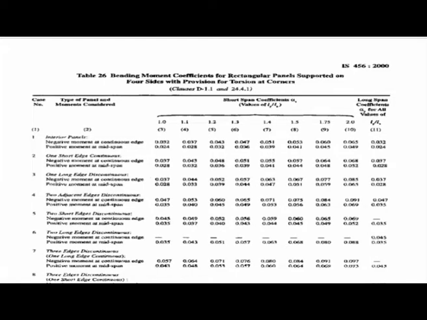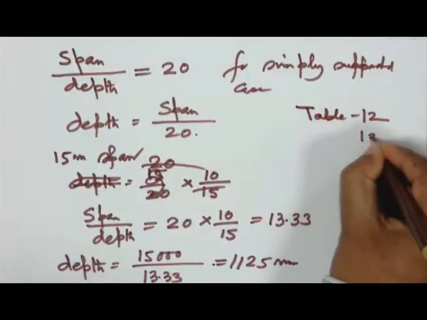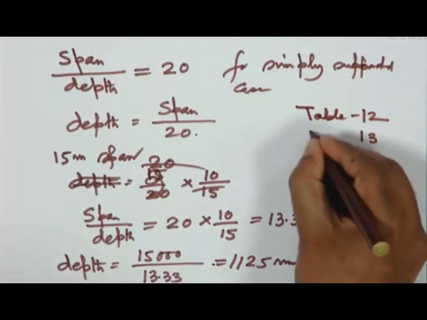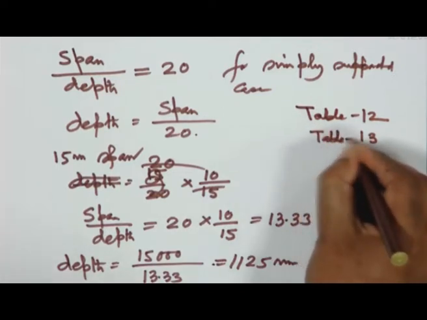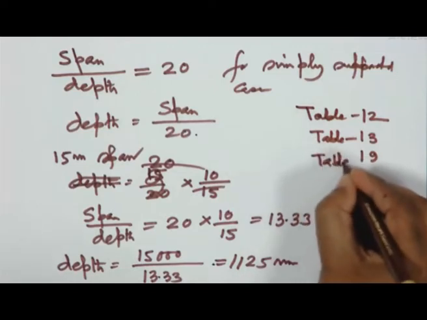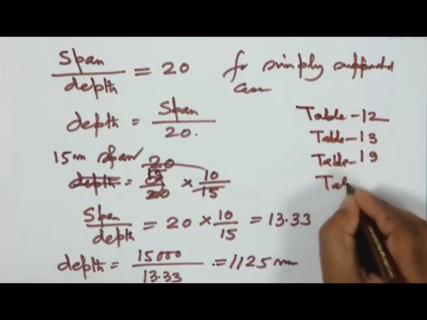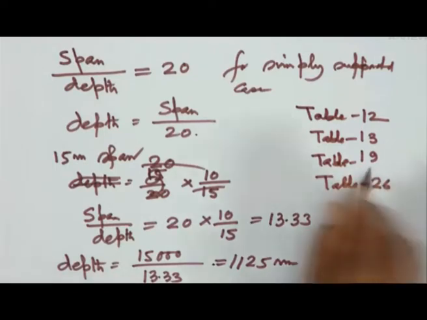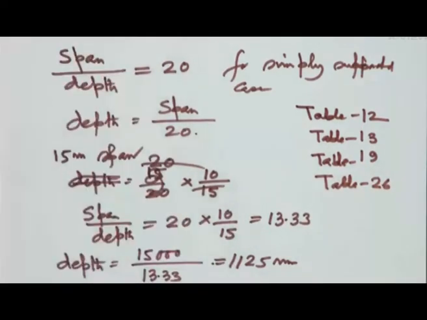So for the time being, Table 12, Table 13, Table 19 and Table 26, these are the tables you can use.